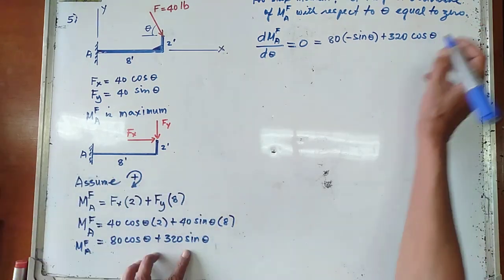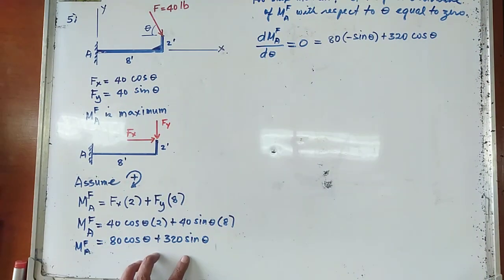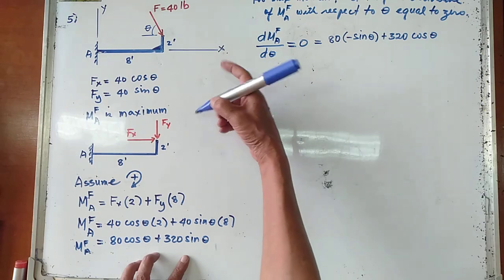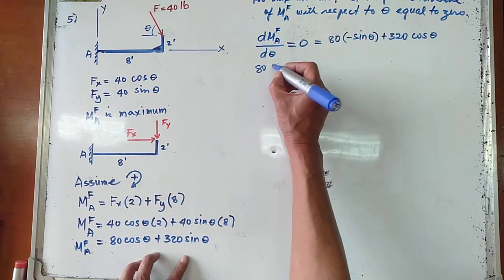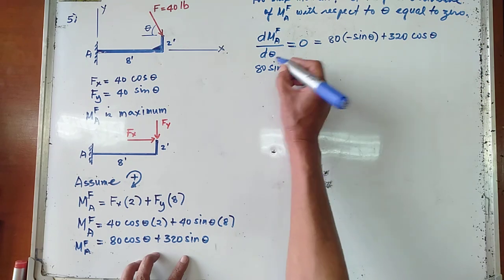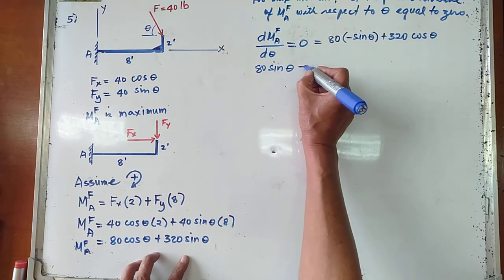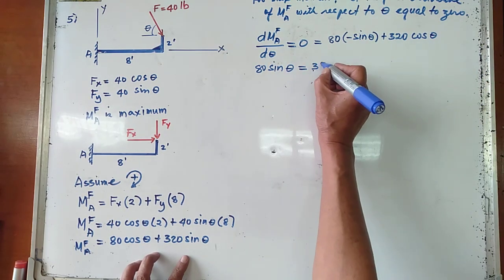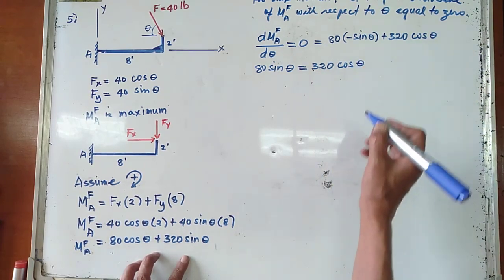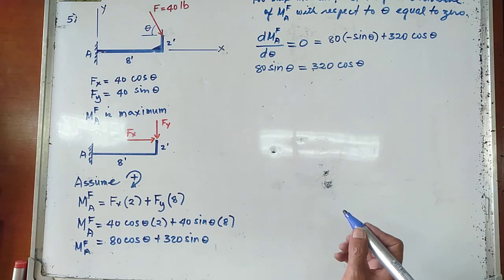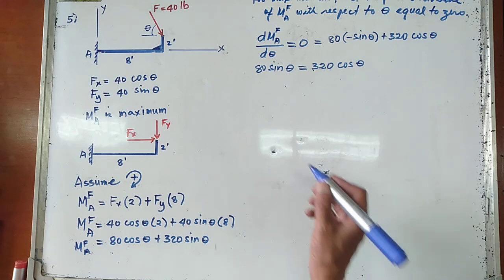So that is equal to 0. So we now have 80, transpose this to the other side of the equation, 80 sine of theta is now equal to 320 cosine of theta.